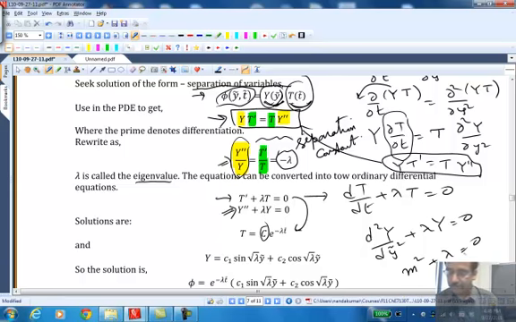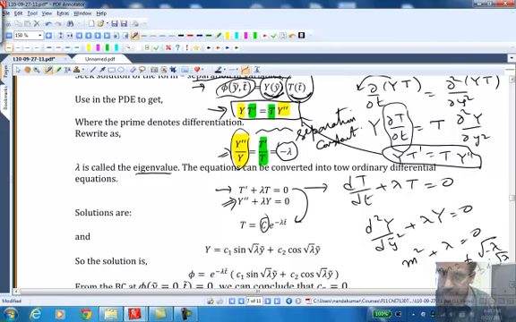So m is equal to plus or minus square root of minus lambda, or plus or minus i square root of lambda. Okay, so the solution is going to be e to the power i square root of lambda y, but e to the power ix is what? Cos x and sin x. So the solution is going to be in terms of sines and cosines.